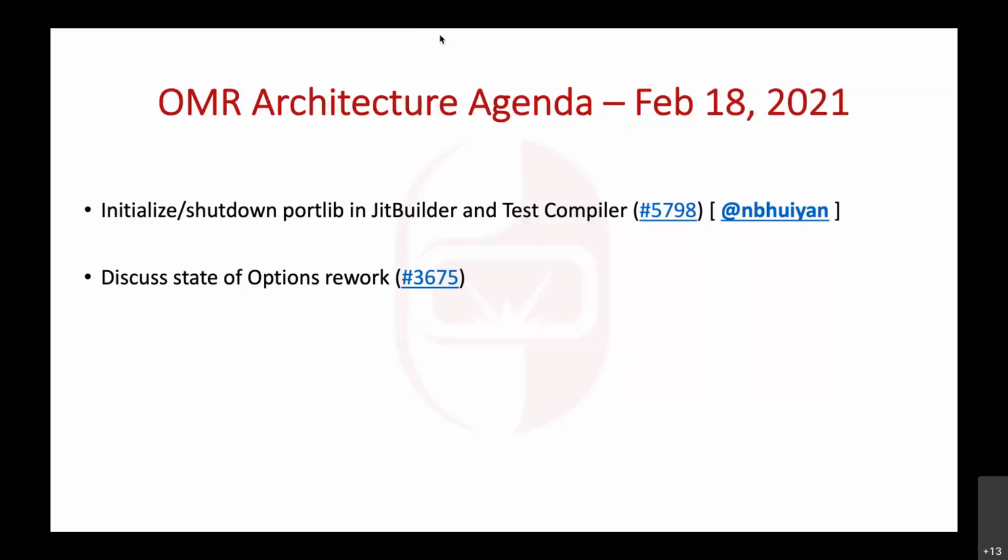Actually, it was Nazim that spent a bit of time prototyping this, and we do have a prototype open there in 3675 that does work. But there were some concerns around the dependencies that this kind of approach would have.